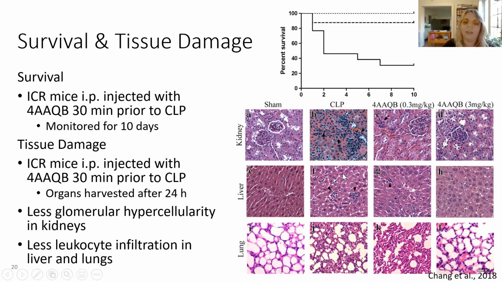And they also saw less leukocytes infiltrate the liver and lungs of the treated mice, which you can see here with the arrows for the liver, as well as the wall thickness for the lungs. You can see a decrease in the alveolar wall thickness.